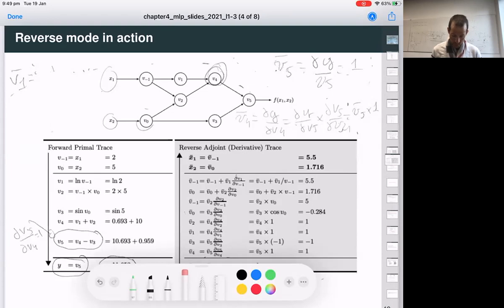So the good point is when you compute a graph, you forget all what you have done before, and you have just V1 connected to this one. This is the parent of V1. So you have V4 bar multiplied by the derivative of V4 with respect to V1. And V4 with respect to V1 is again 1. Okay? So V1 bar is V4 bar multiplied by 1.